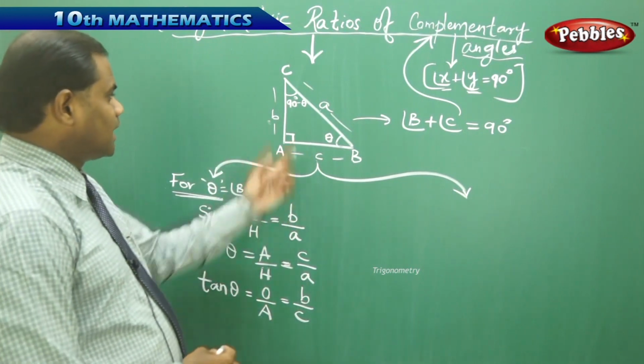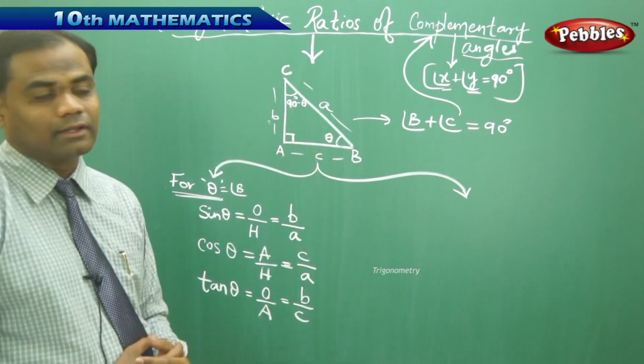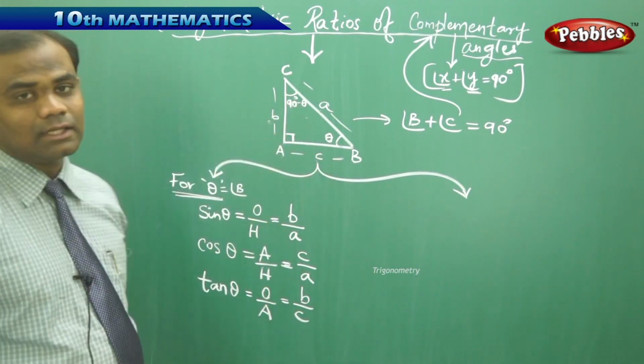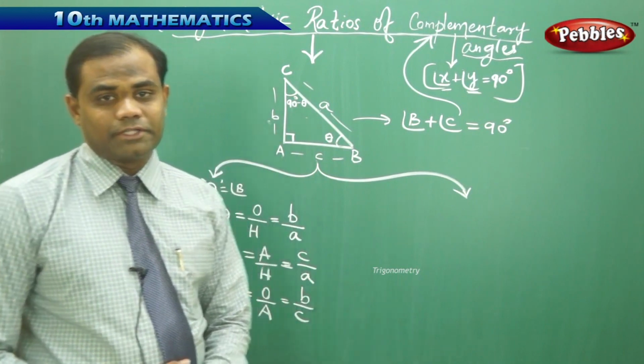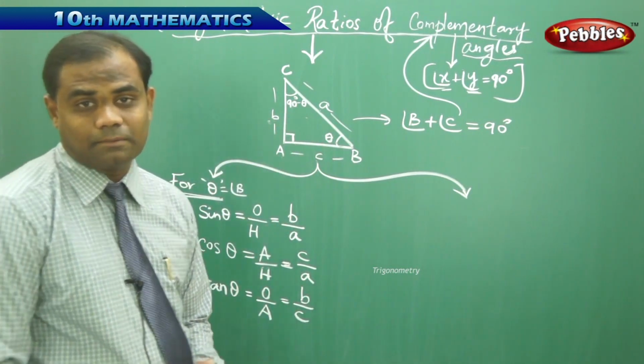Next, let me take the angle C, which is 90 minus theta, as obtained from the sum of all three angles of a triangle. Let's see what trigonometric ratios are defined for this particular angle 90 minus theta.